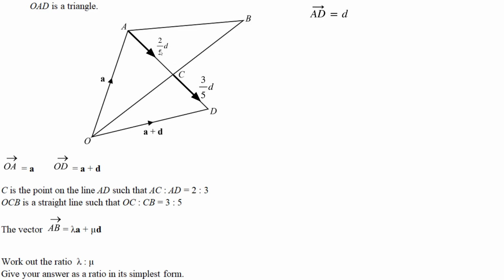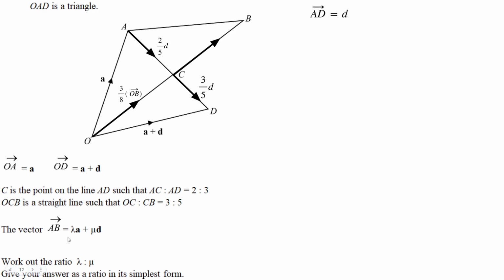You can use this if you want, or you can just notice that they must add up to 1 whole. And OC is 3/8 of this full line OB. We can work out what OB is later. We don't know what CB is. We just know that it's going to be 5/8 of OB.